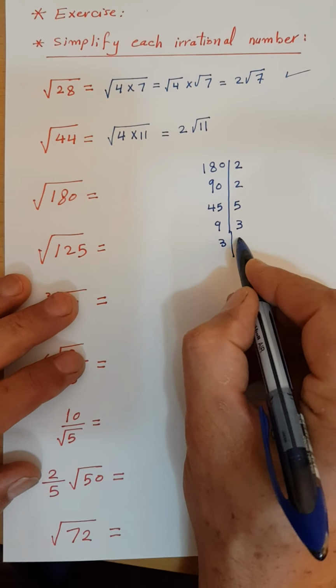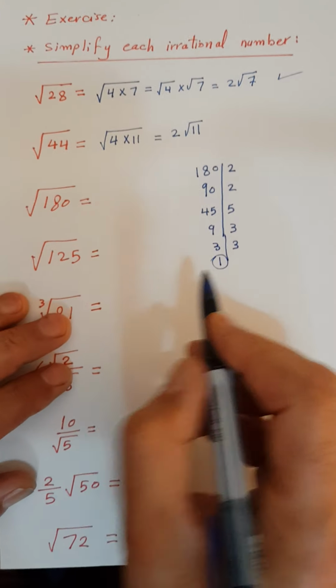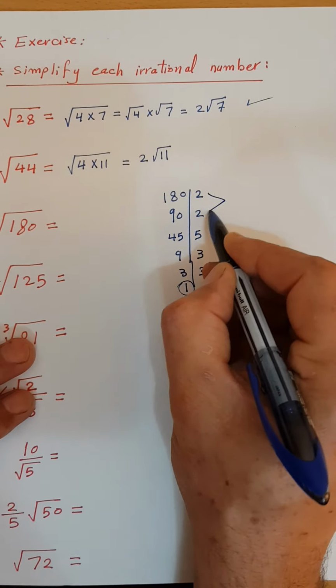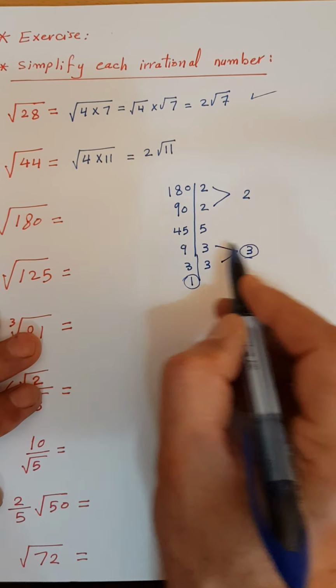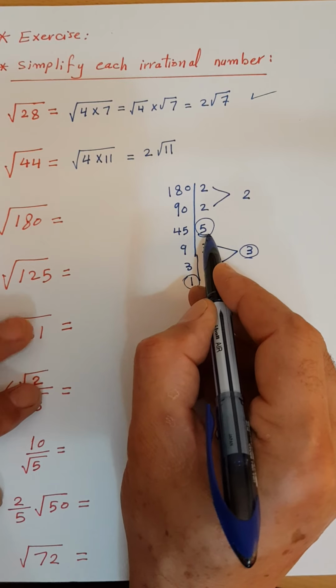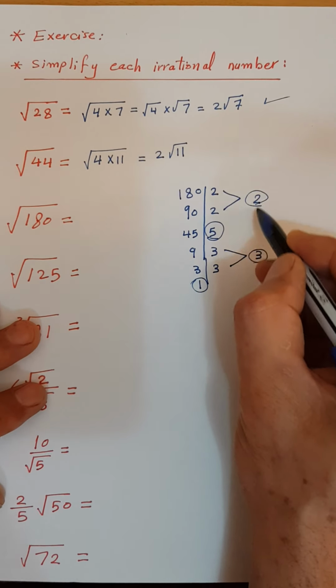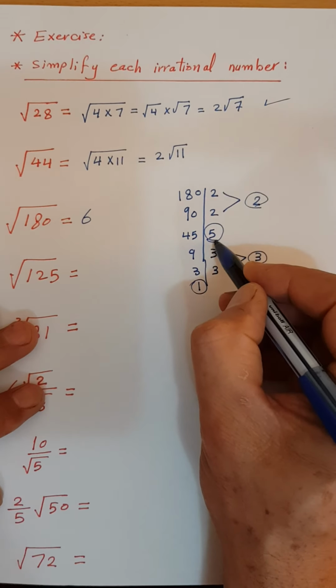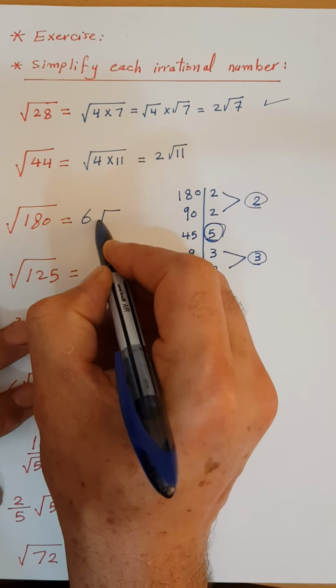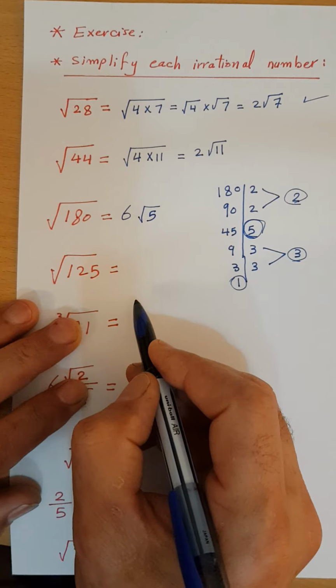And 3 divided by 3 is equal to 1. So you have this couple of 2's, take 1 outside. This couple of 3's, take 1 outside. And you have 5 left here. Multiply the two numbers you got outside, 2 times 3, and the single number, just write it under the radical sign. So 6 radical 5.